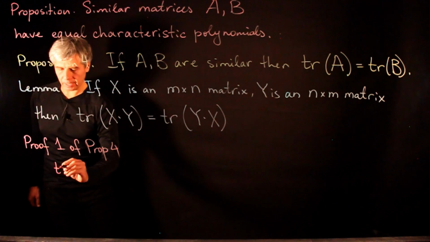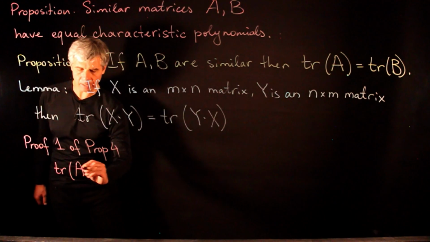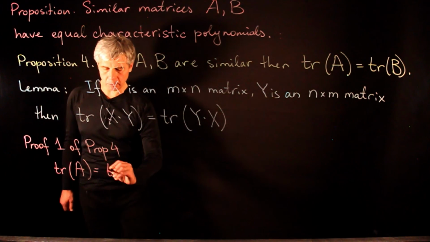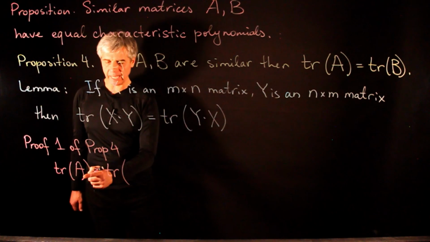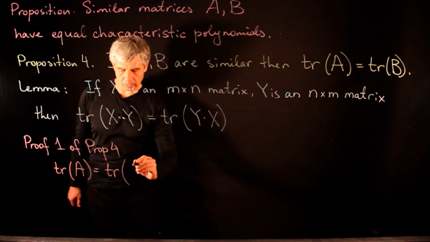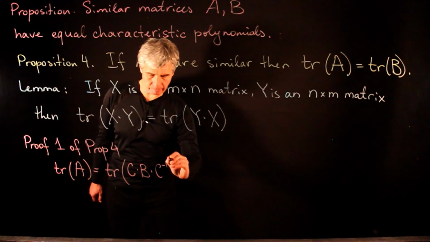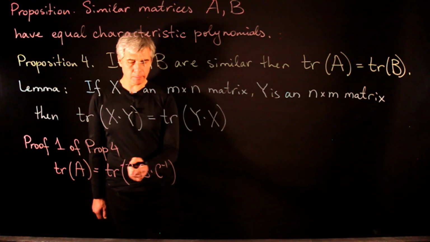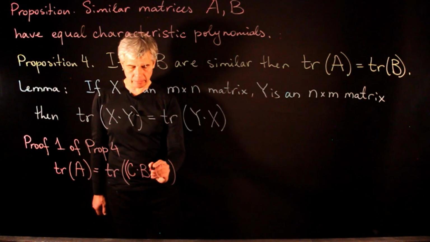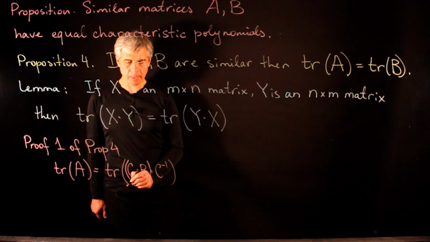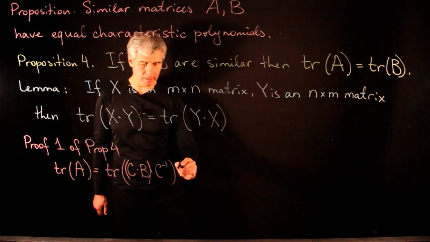So here, if we take the trace of matrix A, since A is similar to B, this is the trace of C times B times C inverse. And we know that the product of matrices is associative, so we can put the brackets in this way.